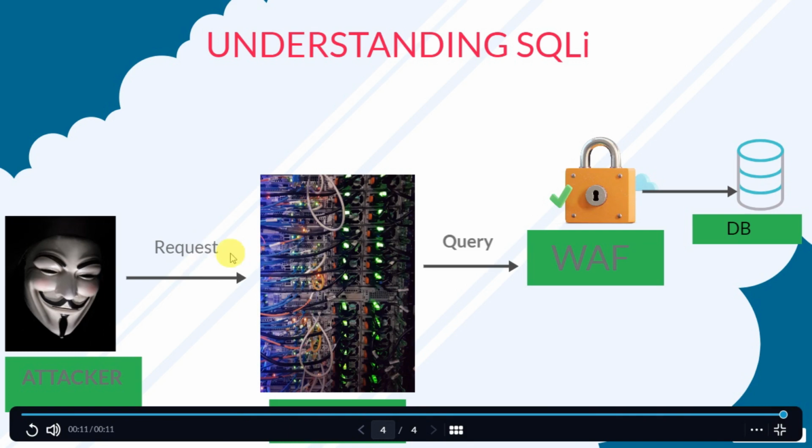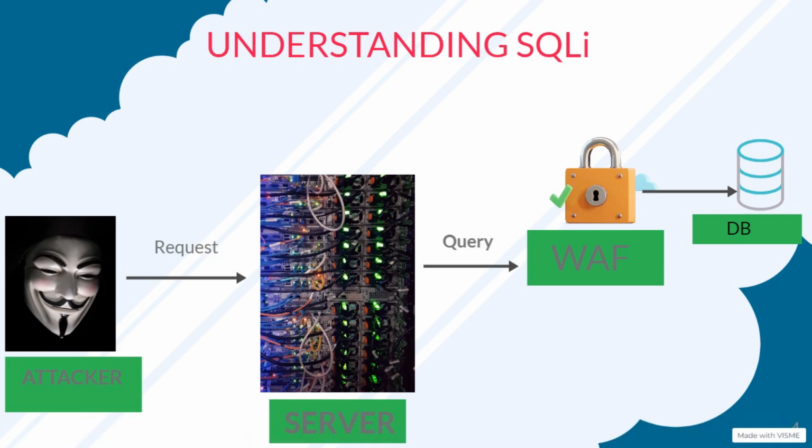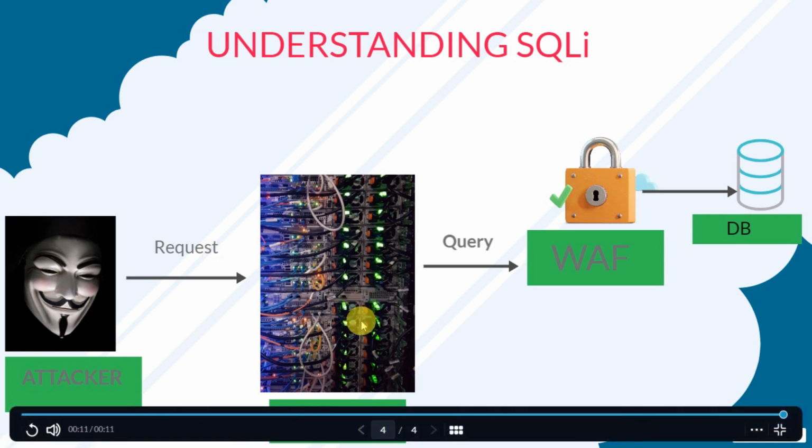Before diving into this, maybe there will be some web firewalls that can block malicious requests. So the attacker will generate a malicious query request with a crafted payload, and it will pass to the web server, then to the database.